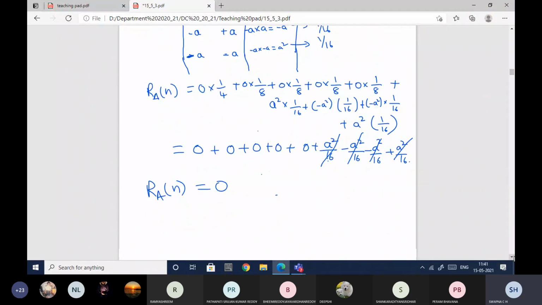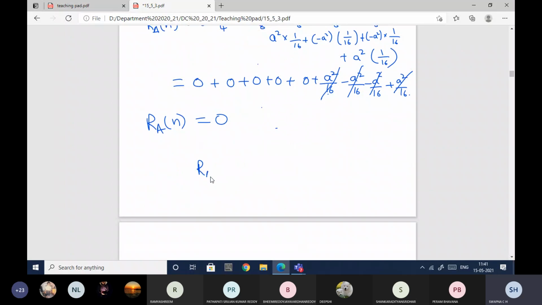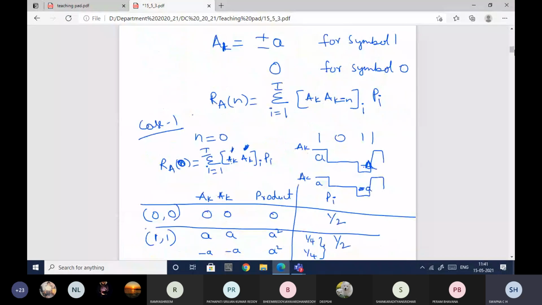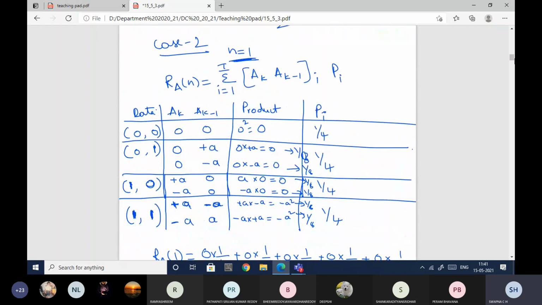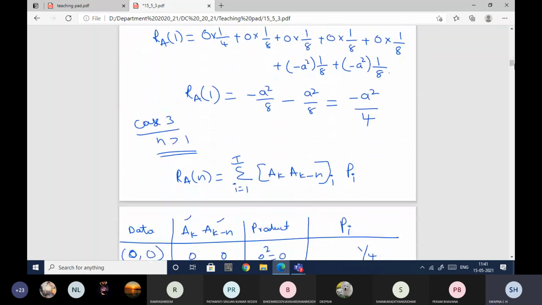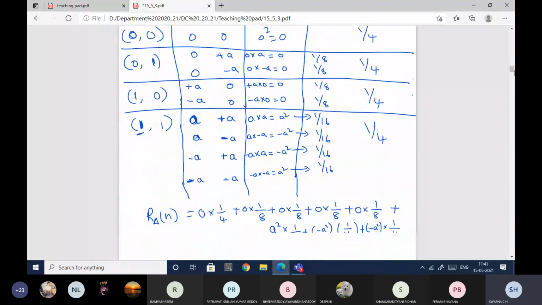Okay, fine. So we've got array of n, which is nothing but 0. Now I'll summarize everything. Array of n will be equal to, when n was 0, what was the term we have got? When it was 0, I got a squared by 2. When it was 1, I've got minus a squared by 4, and then greater than 1, it was 0.